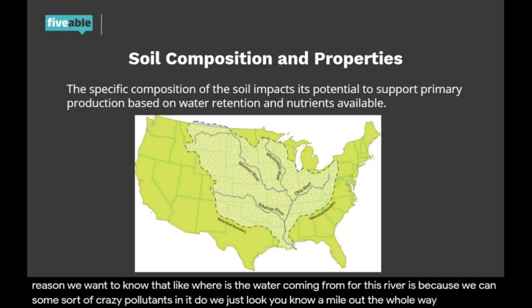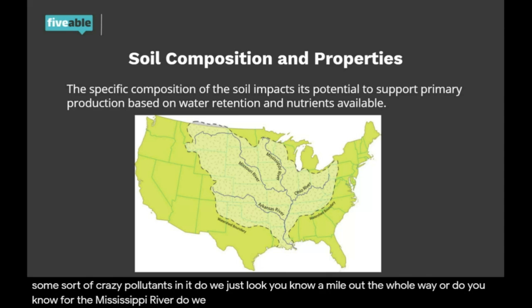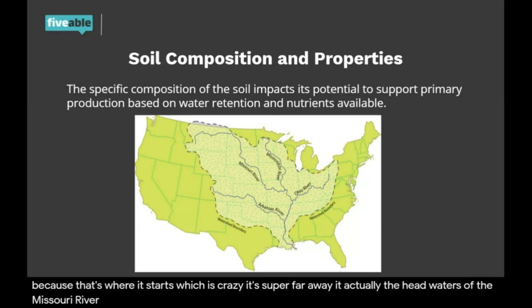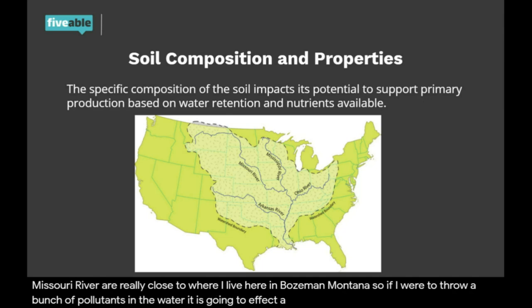Or for the Mississippi River, do we need to look all the way over in Bozeman, Montana, because that's where it starts, which is crazy. It's super far away. And actually, the headwaters of the Missouri River are really close to where I live here in Bozeman, Montana. So if I were to throw a bunch of pollutants in the water, it is going to affect a lot of people down the road.